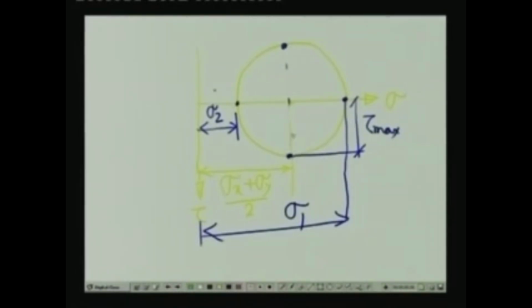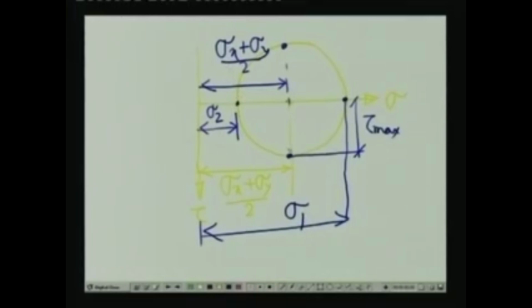If you note here, at this plane we have the normal stress equal to this particular magnitude, which we know already, which is sigma x plus sigma y by 2. So, from this diagram itself we can answer both the questions: the planes where the normal stresses are maximum, the shear stresses are 0, and the planes where shear stress is maximum, normal stress exists, and the value of the normal stress is sigma x plus sigma y by 2.